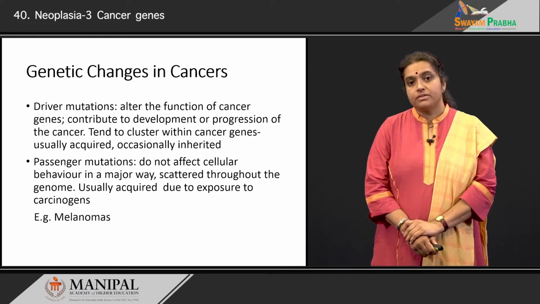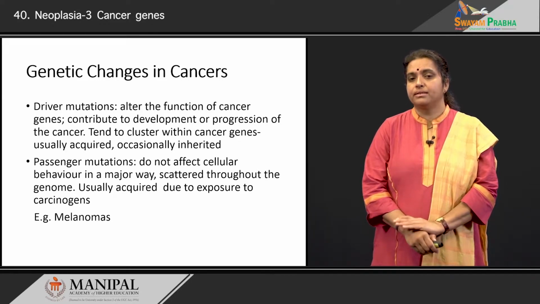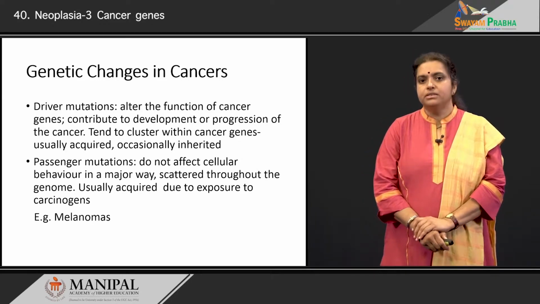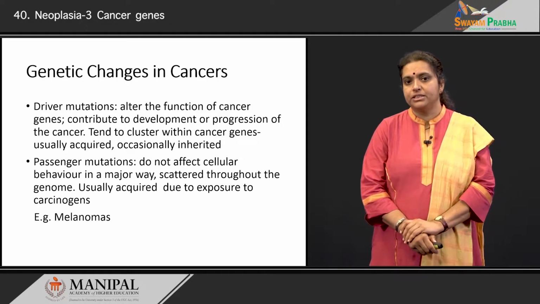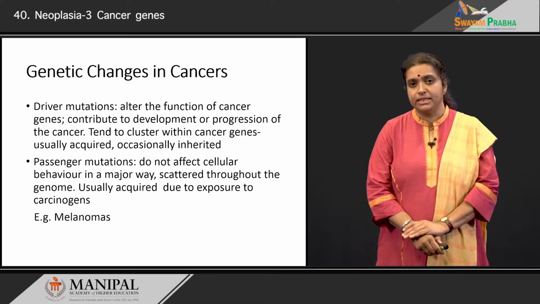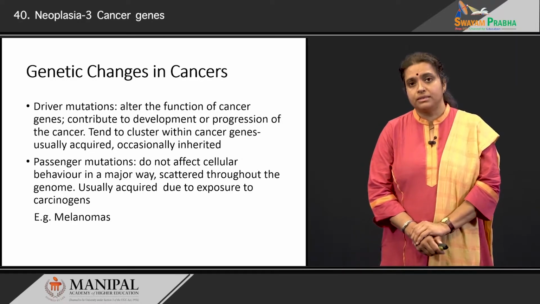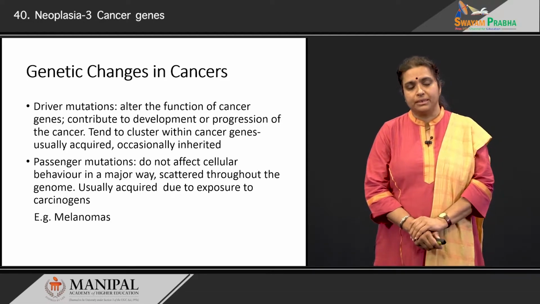The first is driver mutation. Now, these driver mutations are the main mutations that alter the function of cancer genes and contribute to the development or progression of the cancer. So, they are the main changes, and you need those changes for the carcinogenic transformation to occur.